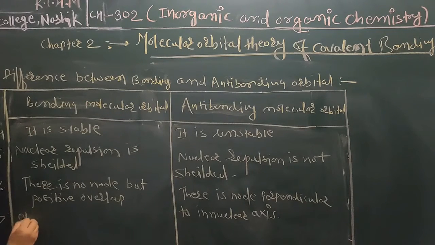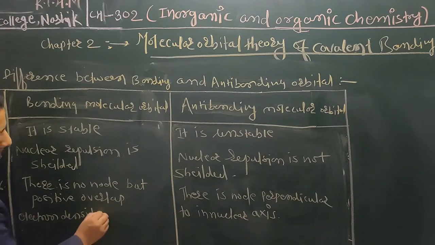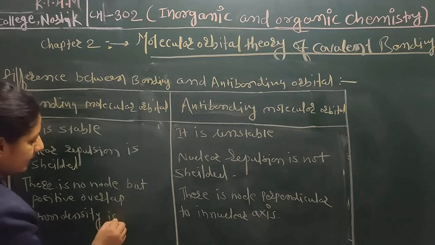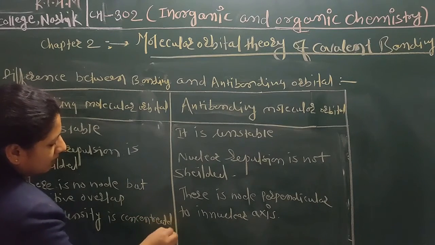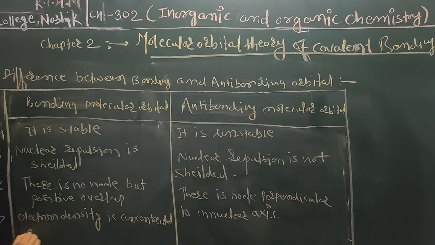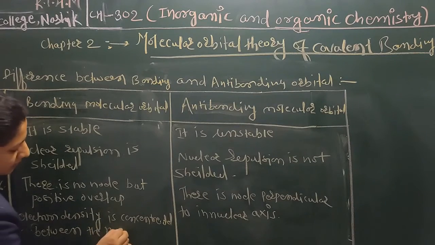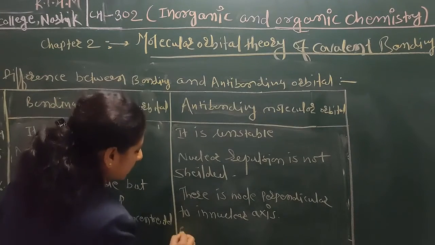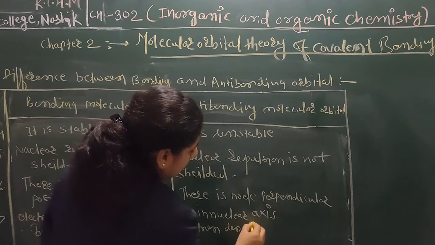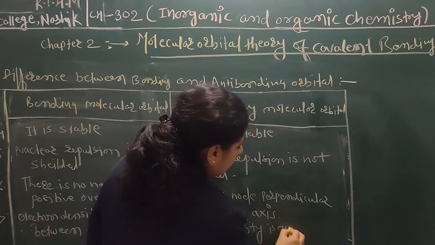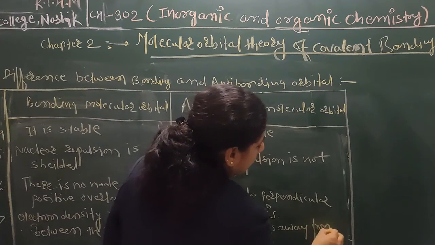In bonding, electron density is concentrated between the nuclei, whereas in antibonding electron density is away from the internuclear region.